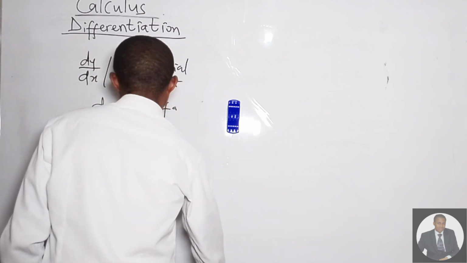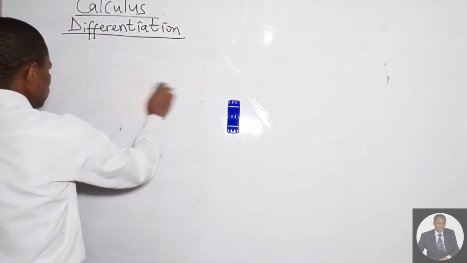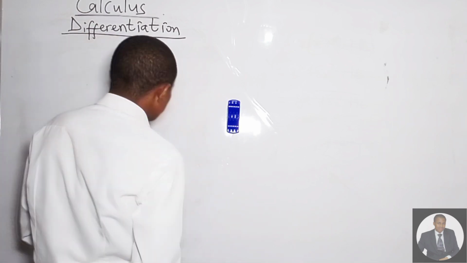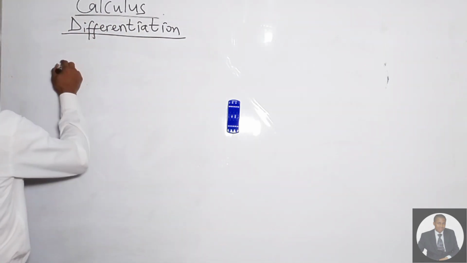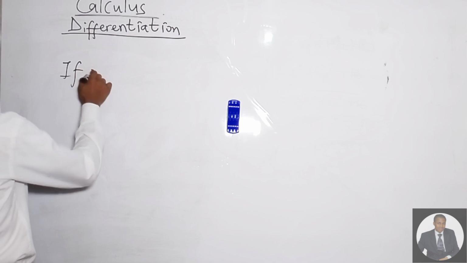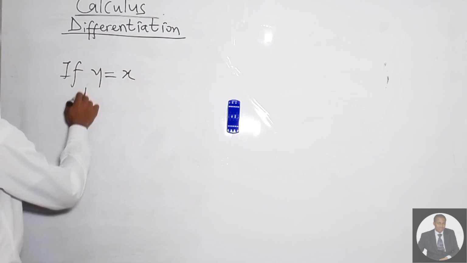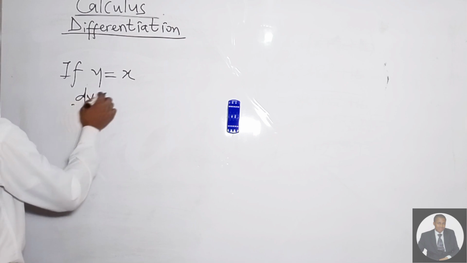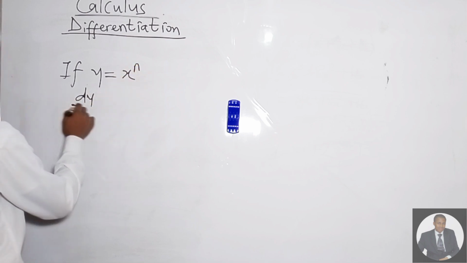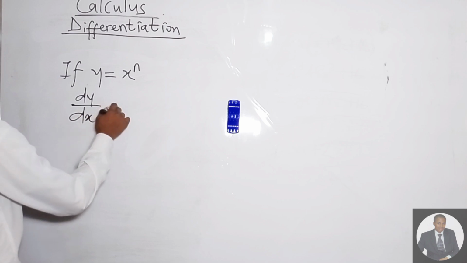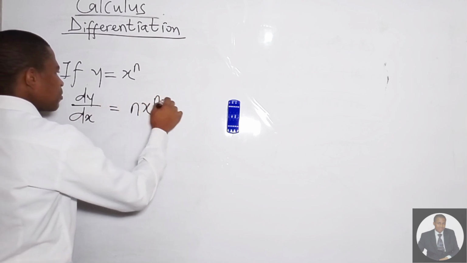Let's look at a formula that we will use to differentiate polynomials. If y is equal to x^n, then dy/dx will be nx raised to the power n minus 1.